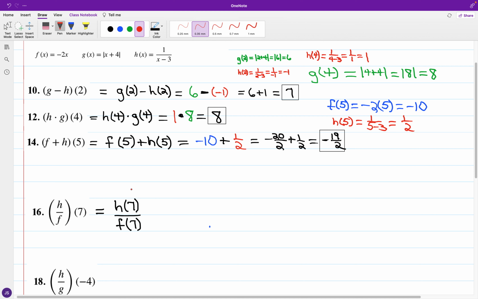Looking at specifying the values, for h of 7, you have 1 over 7 minus 3, and so we have 1/4. And in the case of f of 7, you have negative 2 times 7.